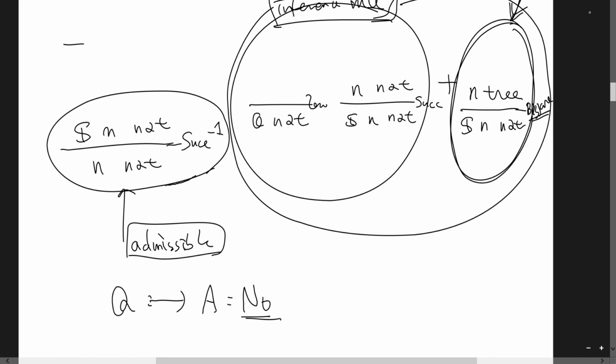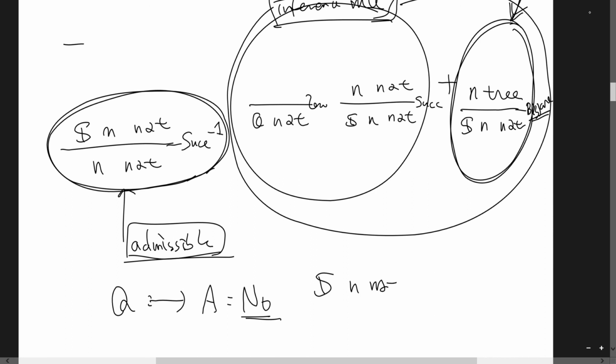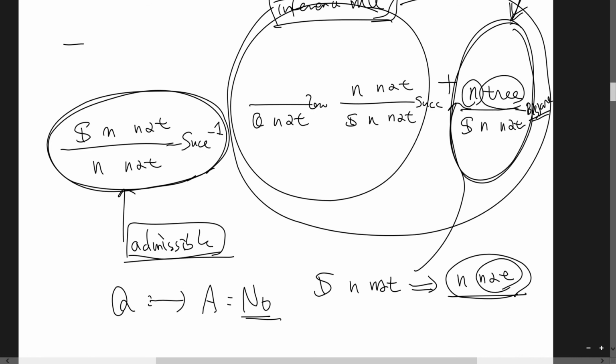Then this rule, which was previously admissible, is no longer admissible because now successor AND-NAT does not necessarily imply AND-NAT, because now we have another chance of n being 3 instead of NAT.